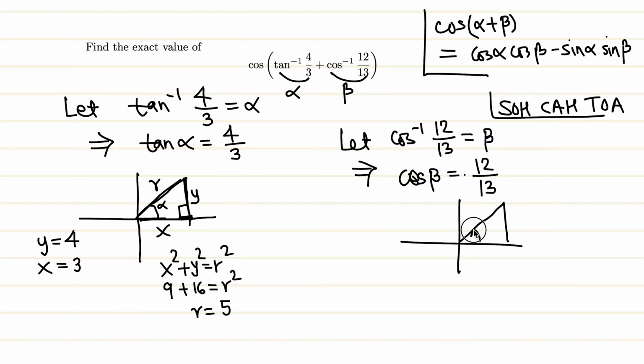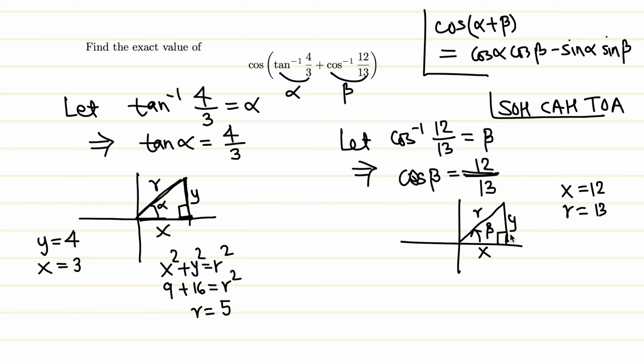We have another triangle here with beta, and cosine is, SOHCAHTOA, adjacent over hypotenuse. So this is x, y, r. So x over r. So x is 12 and r is 13. Okay, this is 12/13, x over r.